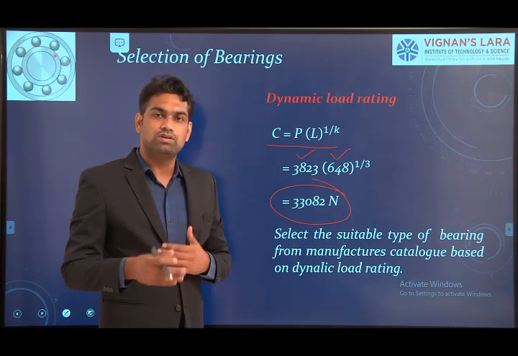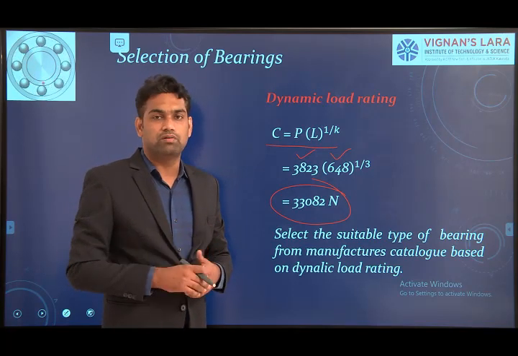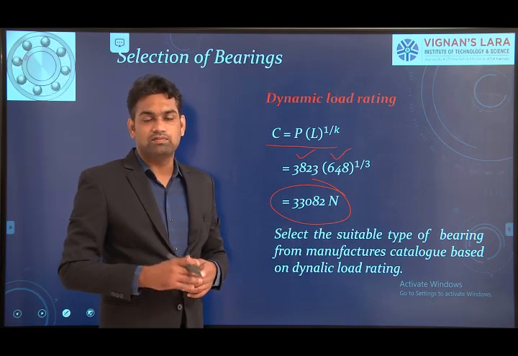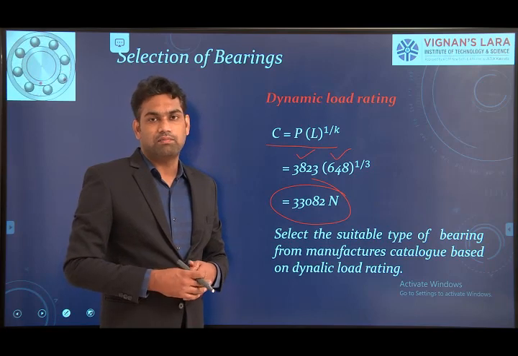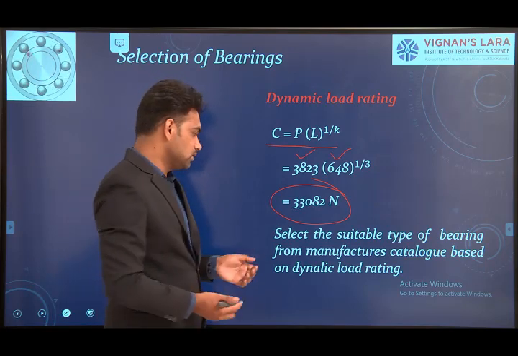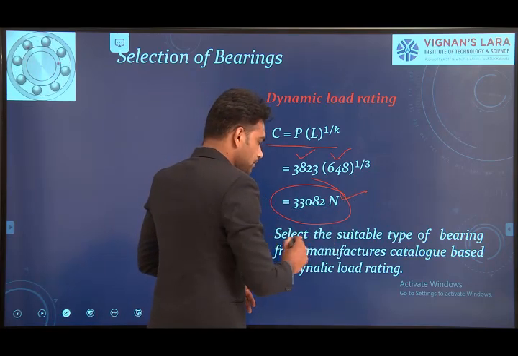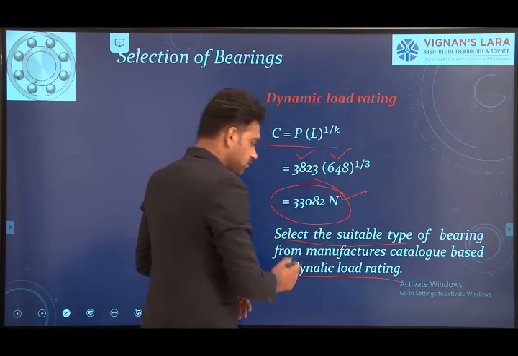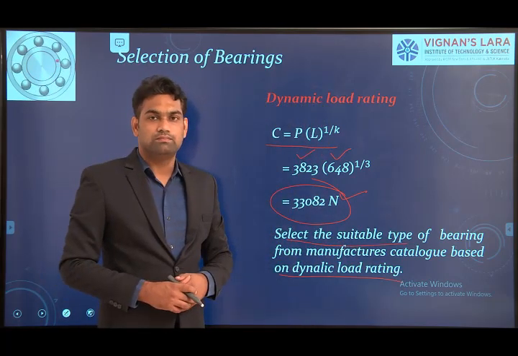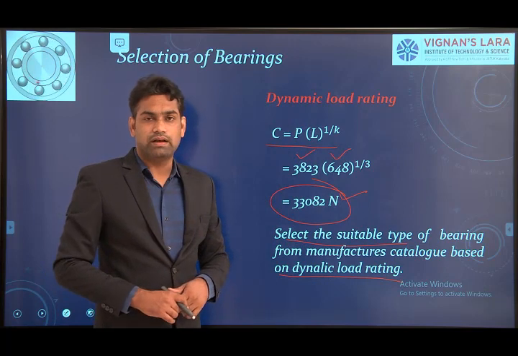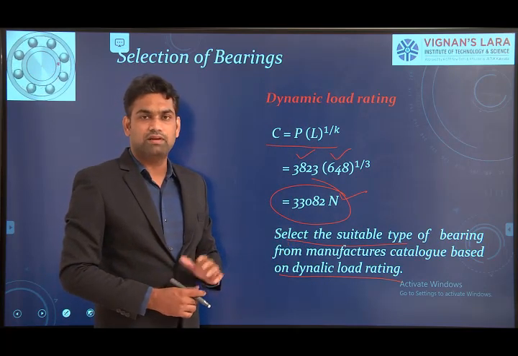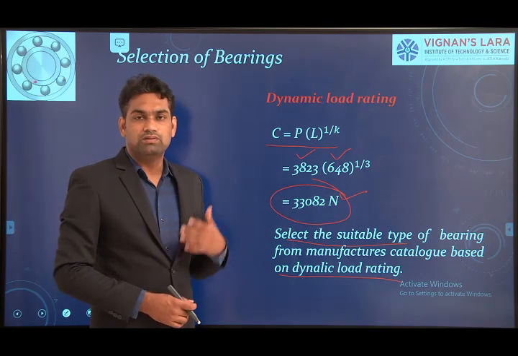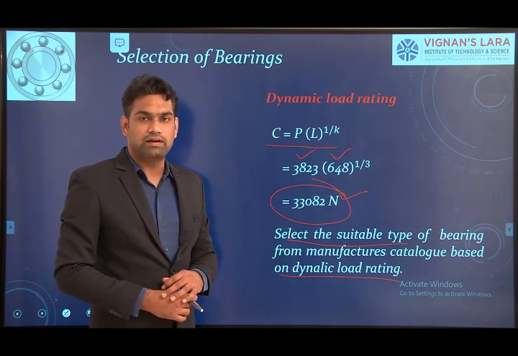Using those, we calculate the equivalent dynamic load in variable loading, that is sum of N into P power K by sum of N, whole power 1 by K. After getting the value of C, you need to select the suitable type of bearing, depending upon the dynamic load rating. Clear? This is how the bearings are selected for dynamic loads under variable load condition.